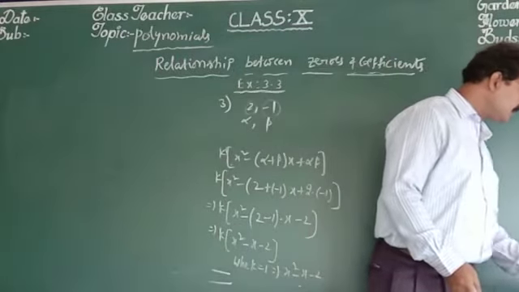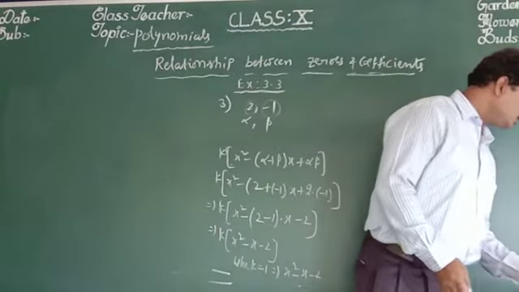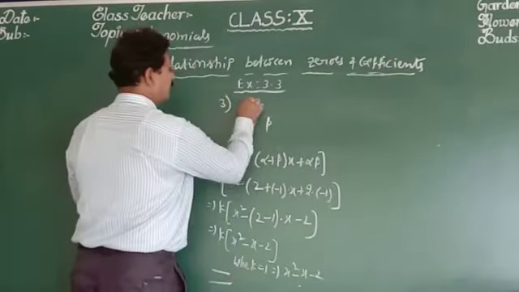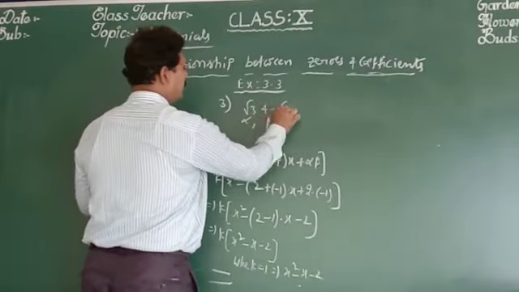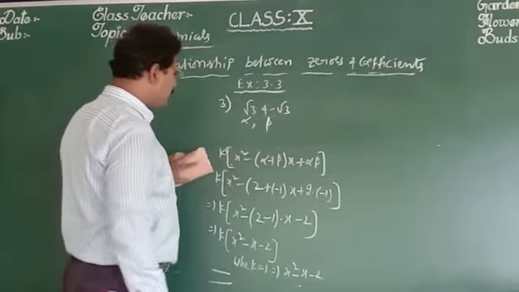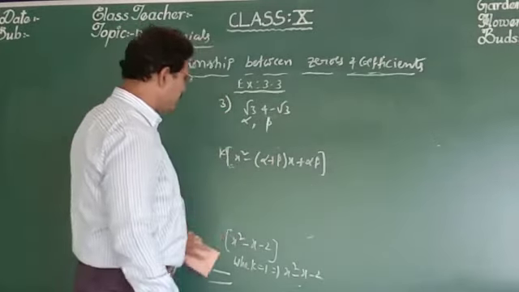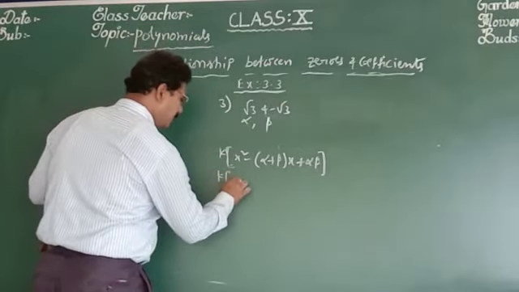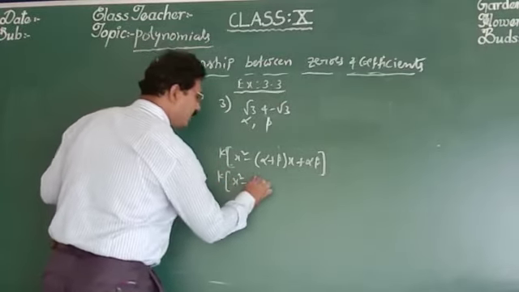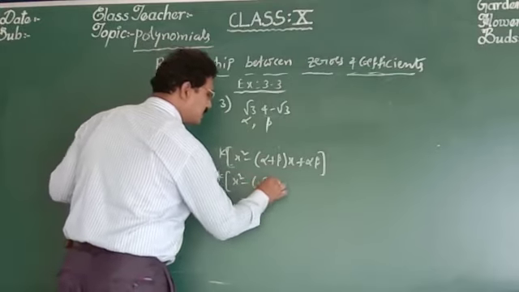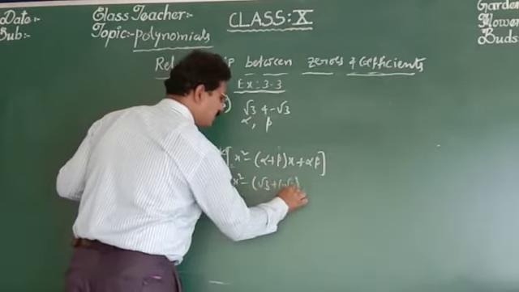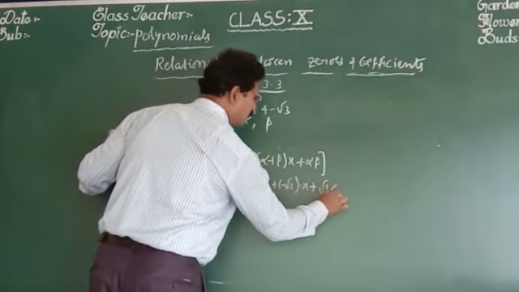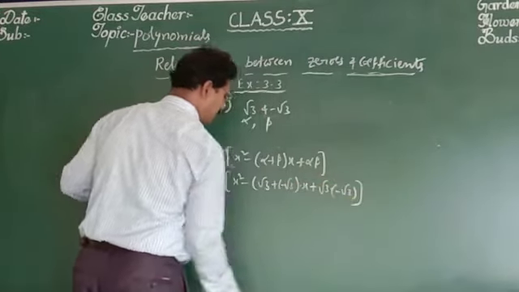And one more example in the same section: root 3 and minus root 3. Same k of x square minus alpha plus beta into x plus alpha beta. Now substitute: k of x square minus (root 3 plus minus root 3) into x plus root 3 into minus root 3.